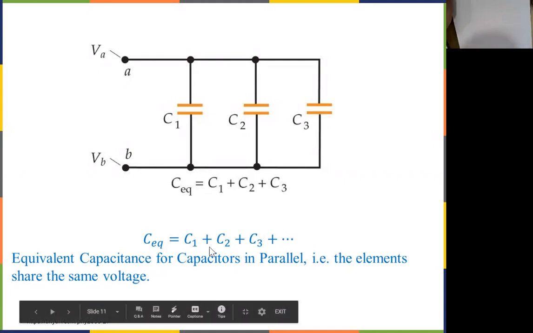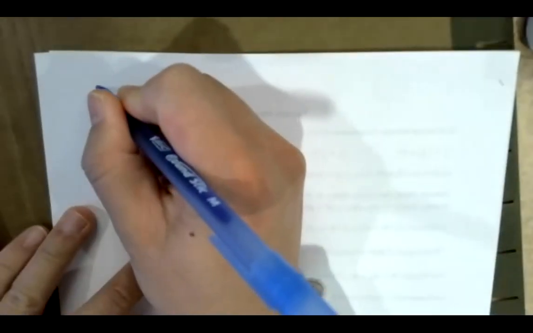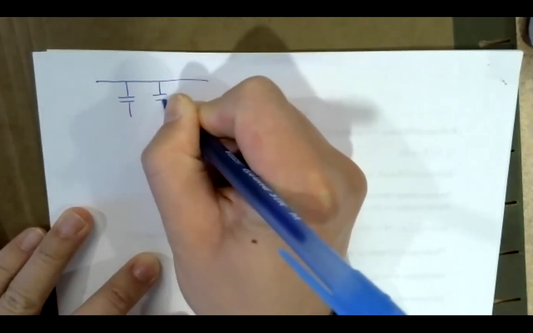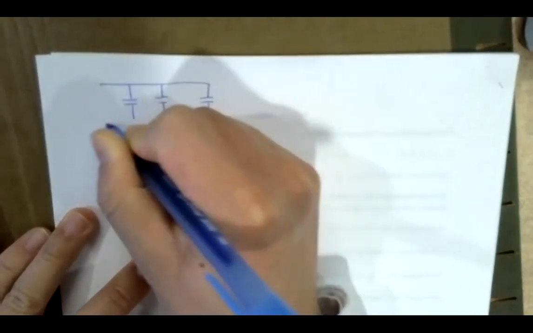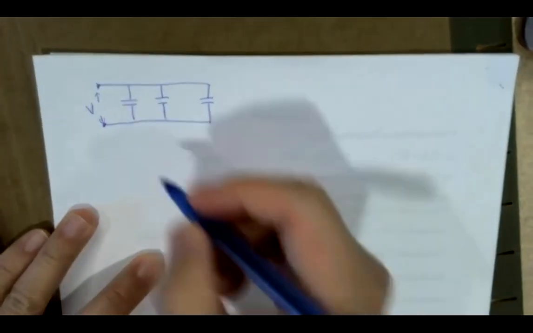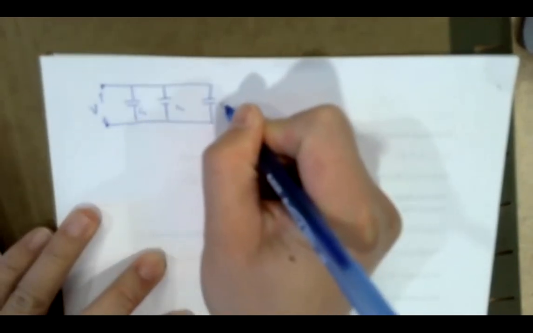And we can also derive this equation. So if they are parallel to each other, this is what we would have. If between this the difference is V, this is C1, C2, C3, okay?